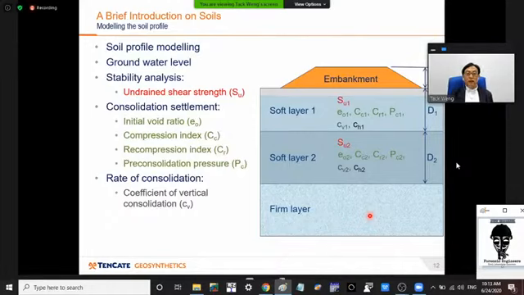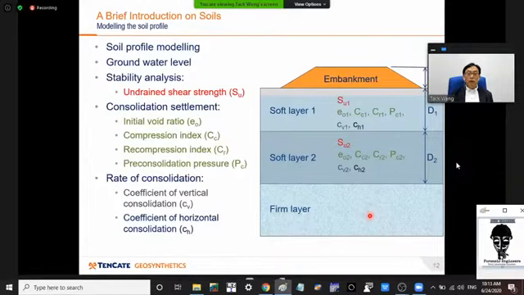On rate of consolidation, we need the coefficient of vertical consolidation when no PVDs are used, and when PVDs are used, the coefficient of horizontal consolidation governs, because in the case of no PVD, the dissipation of excess pore water pressure is vertical in direction.